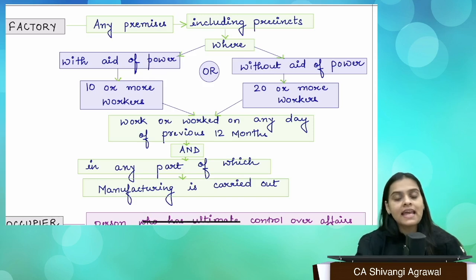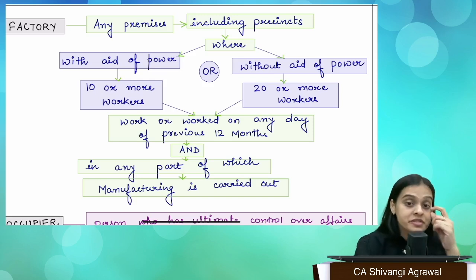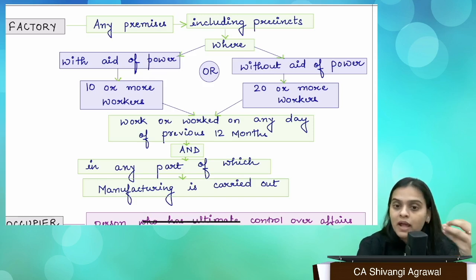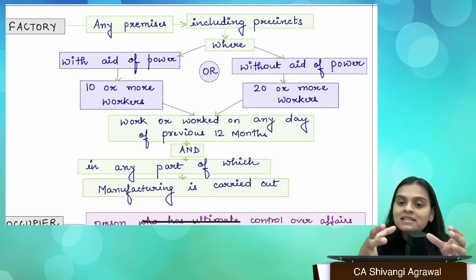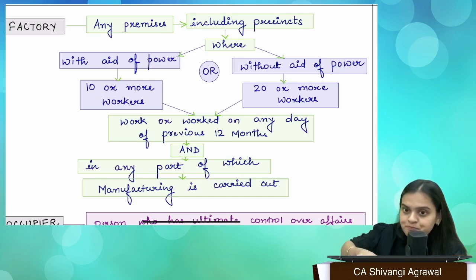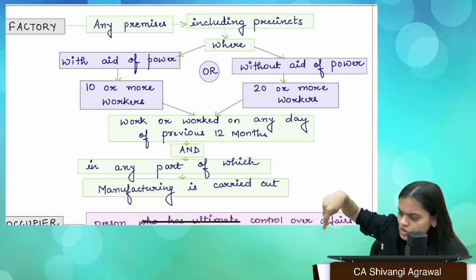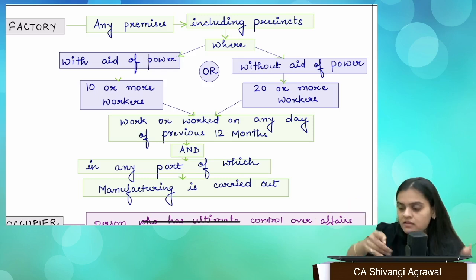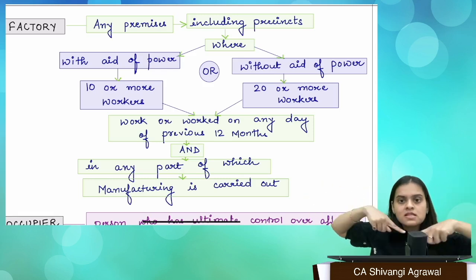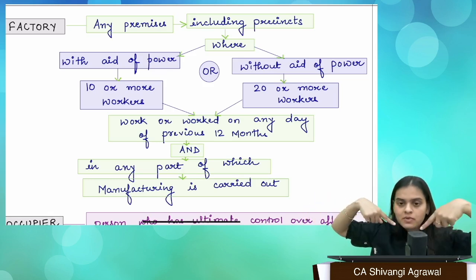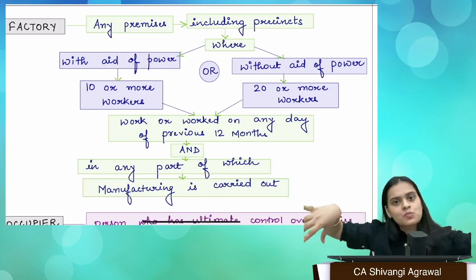Now, factory is any premises including precincts. When I'm talking about premises, it is basically that building. It could be a building, it could be open land. And precinct is something like, you enter, there is an enclosed space, enclosed by walls.